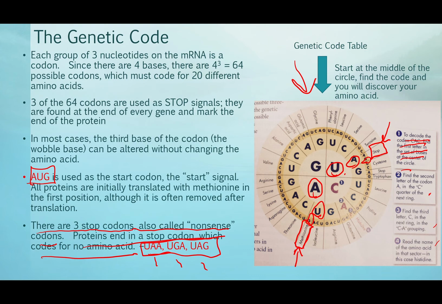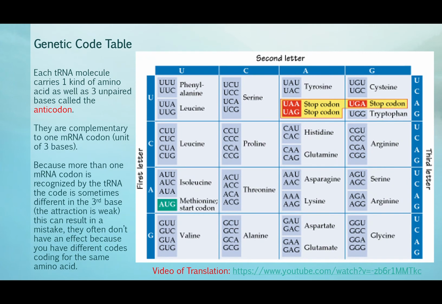Okay, there is one other table that's very similar. You're going to look and see it says first letter, second letter, and third letter. That's exactly how you read it. So again, this one has your start and stop already on it, but let's look.